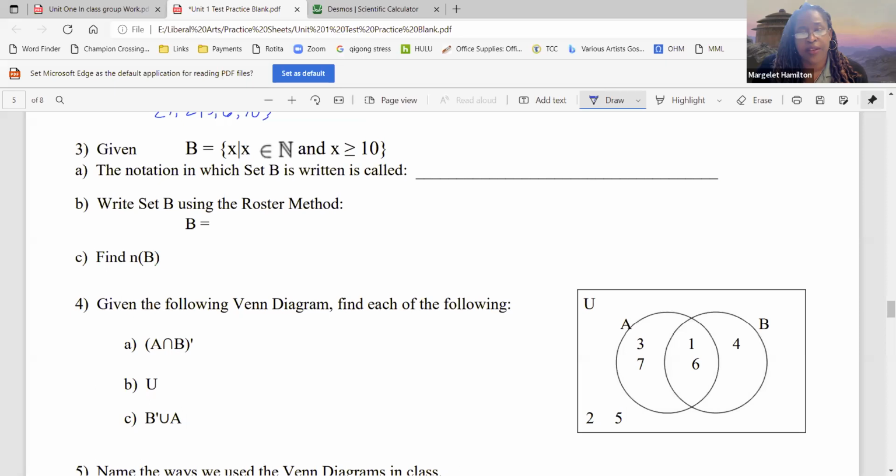And the part of the natural numbers we're looking at is where X is greater than or equal to 10. They want to know the notation in which set B is written is called what? What is this right here called? It has a name. We learned it. What is it called?